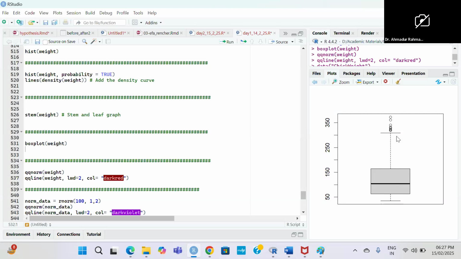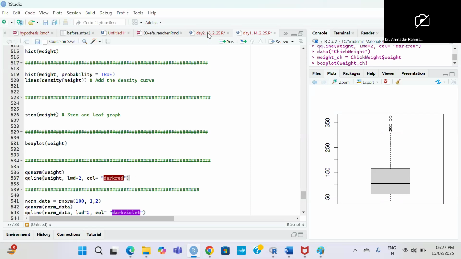And the line attached to this box by a dotted line is called the whisker, or the mustache of a cat. And there are some points above this line. They are called outliers. The points above the maximum value are called outliers. Sometimes you will find them at the maximum, sometimes at the minimum. In this data set we have them above the maximum, so we have outliers in this data set. Okay.